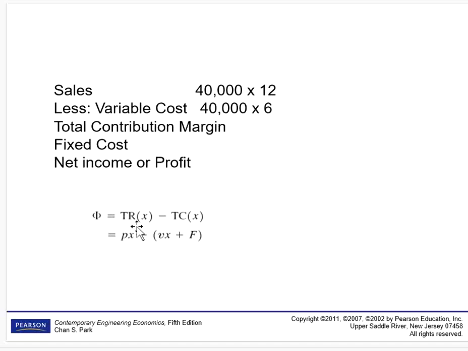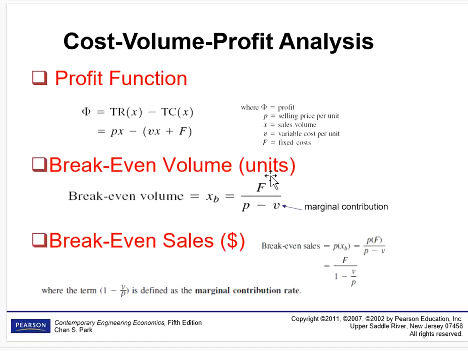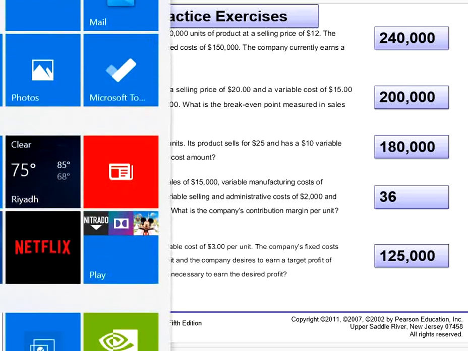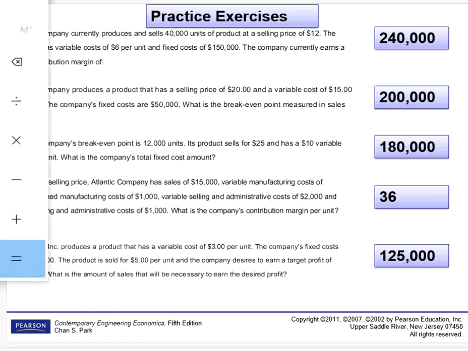If we replace from here, X break equals F over P minus V. So F is given, X we need to find. F is 50,000, divided by P minus V. You get this answer. This is your break-even units. Let me show you, I'll use a calculator.